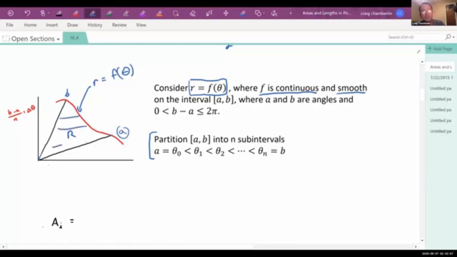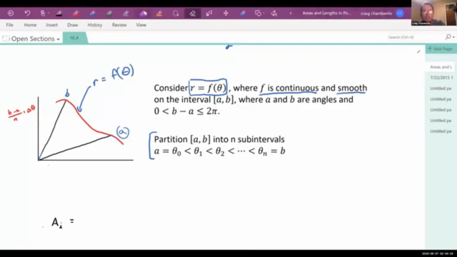But I'm going to partition this guy in an analogous way to how I partition the area in Calc 1. And as you've seen me do a little bit in this class, I would partition the area between the x-axis and a curve, given y as a function of x. I'm going to do it in much the same way, but you have to remember, we have to think radially and angularly when we're in polar coordinates.